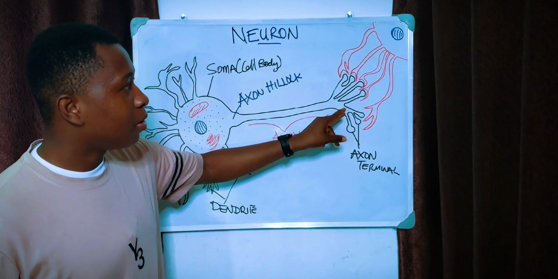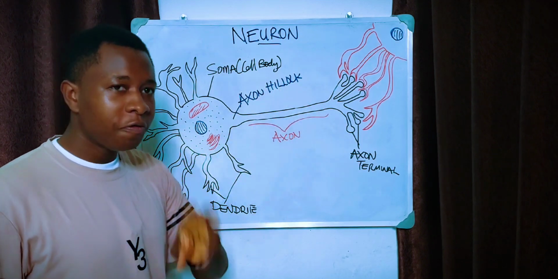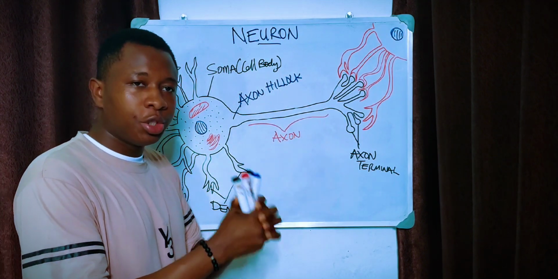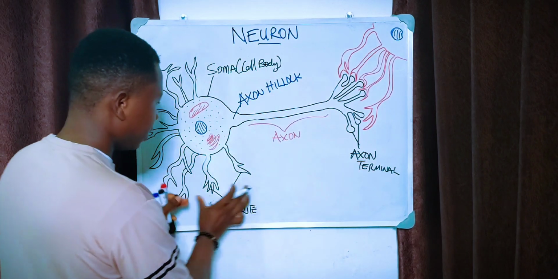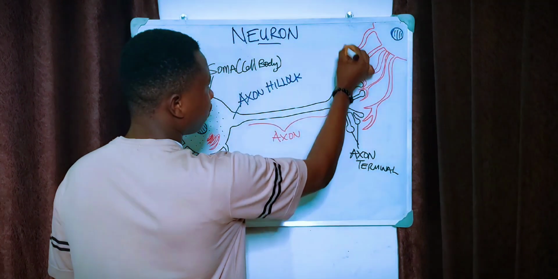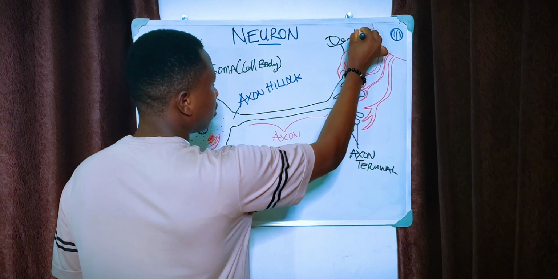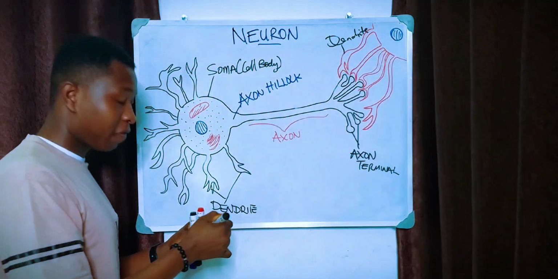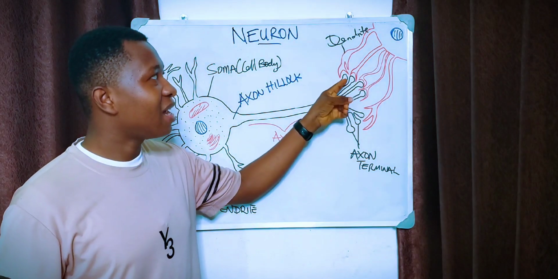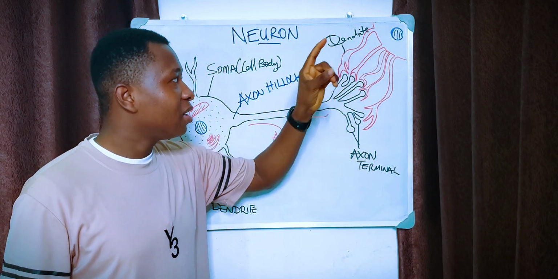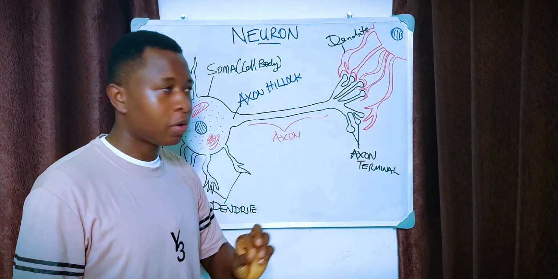At the axon terminal, it is oftentimes in close association with another dendrite of a neuron. So this is a dendrite of another neuron. So the axon terminal is in close association with another dendrite of another individual neuron.